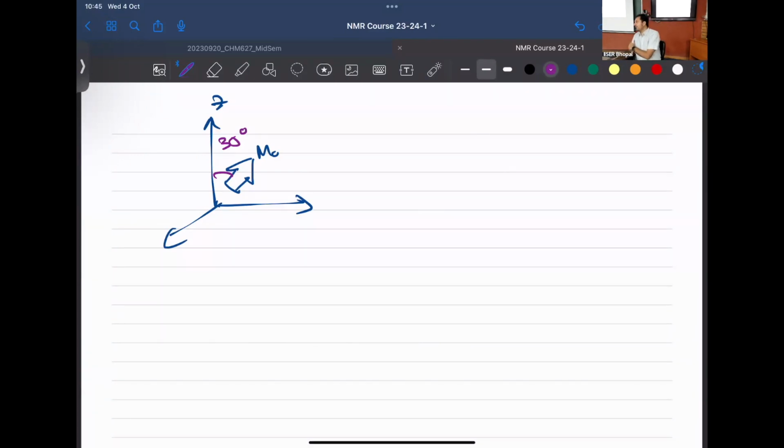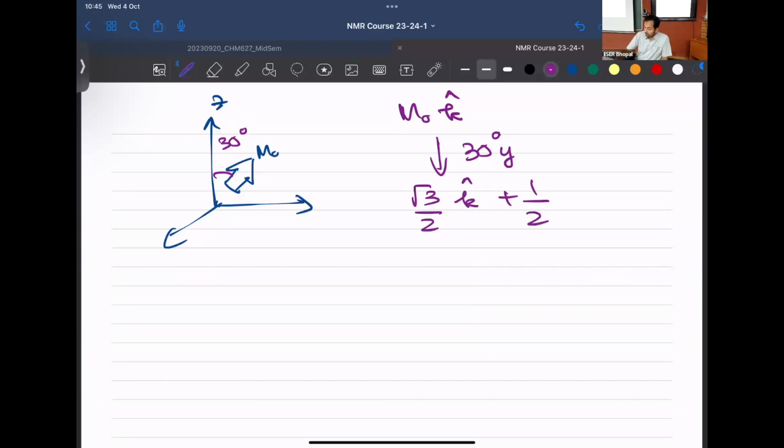Let me clarify the question for the sake of other students who might not have followed. We kept on saying that we start from thermal equilibrium. But Abhay wants to do something more interesting. Abhay wants to apply a 90-degree Y-phase pulse where you get square root of 3/2 along the longitudinal axis plus 1/2 on the x-axis. This can be a state, right? Let's assume no relaxation right now. What is going to happen?